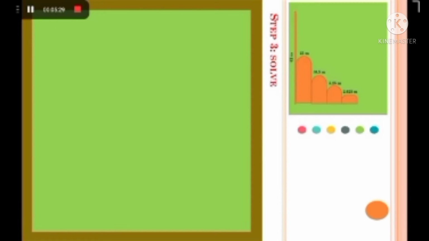So, step 3, solve. In the first drop, we have 42 meters. Then, on the second drop, we have 2 times 21 meters is equal to 42 meters. On the third drop, we have 2 times 10.5 meters is equal to 21 meters.